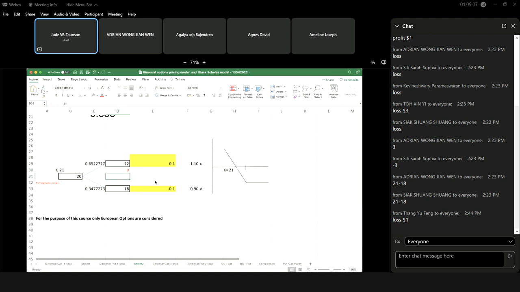Nobody knows what's going to happen 3 months from now, so assume 3 months later, the price instead decreases to 18. So what is the profit or loss? Anyone? Tang Yufeng?